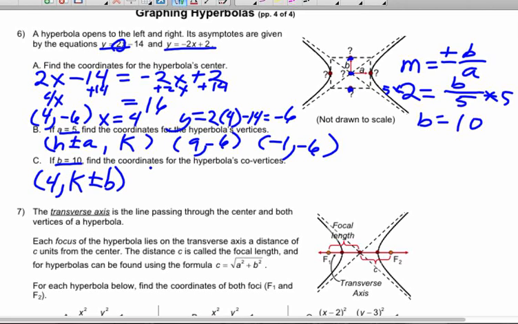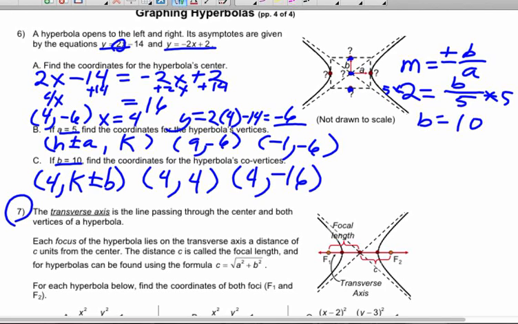So one point then will be 4, and my k is negative 6. So negative 6 plus 10 gets me 4. And then my other point will be 4, and it will be negative 6 minus 10. So that will be a negative 16. And this problem right here, you're going to work in class. And these are the notes for graphing hyperbolas.